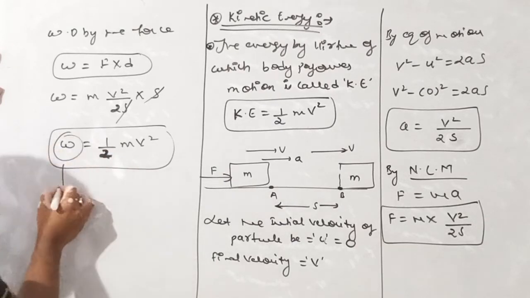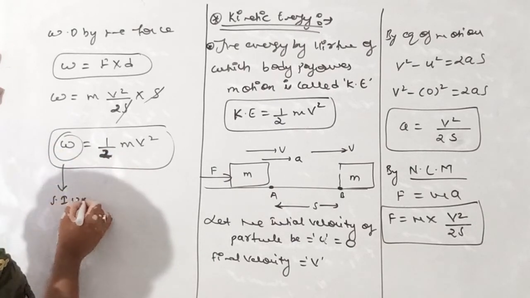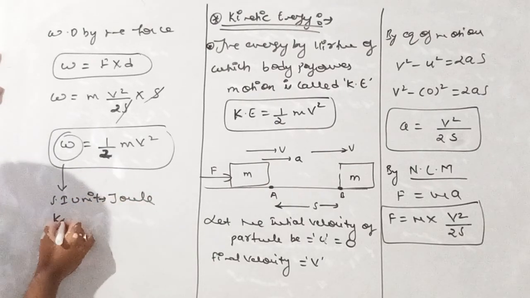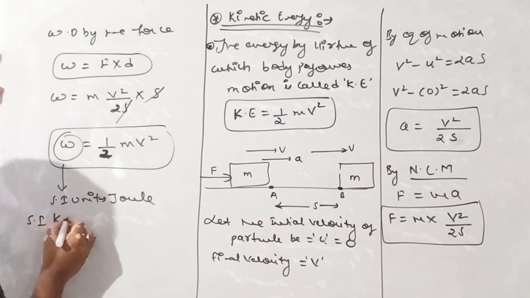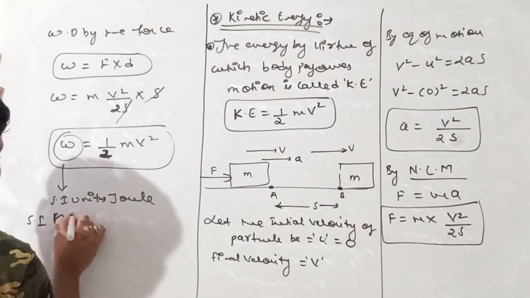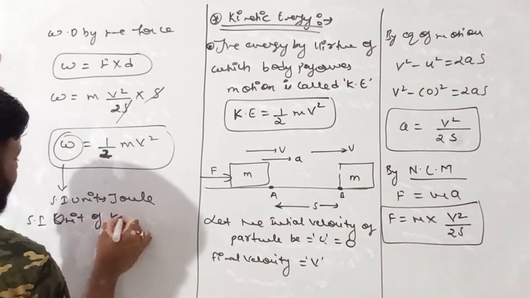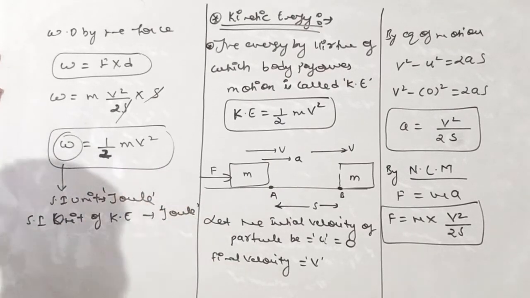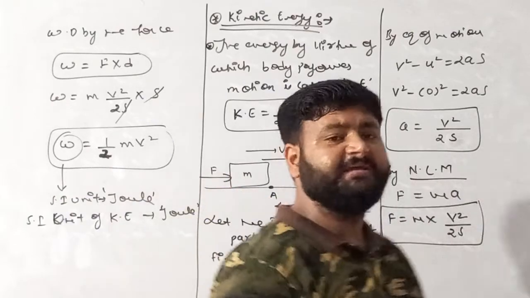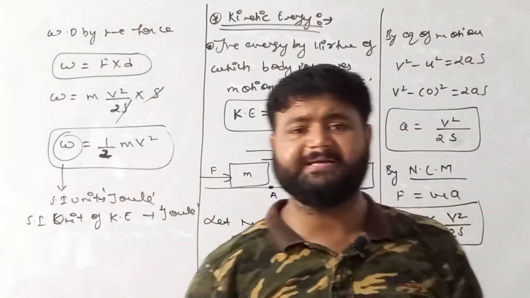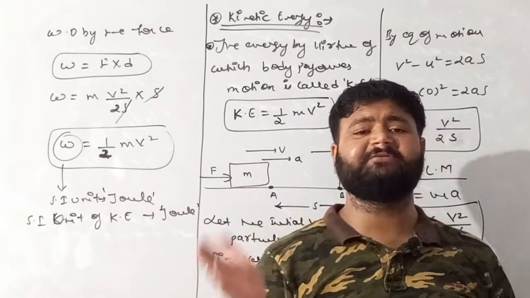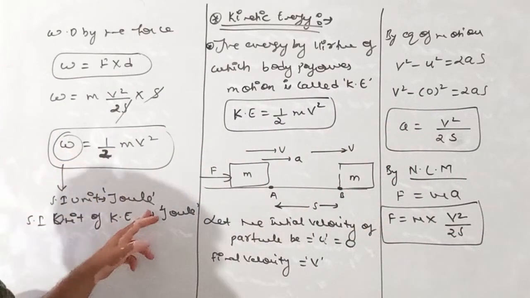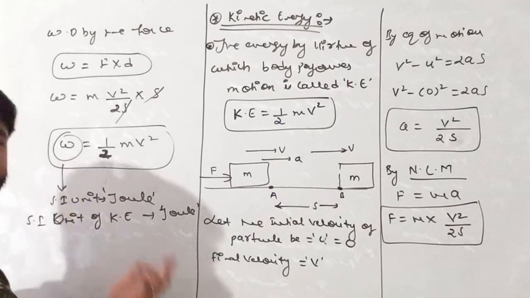Now see, the SI unit of work done is joule, and the SI unit of kinetic energy is also joule.